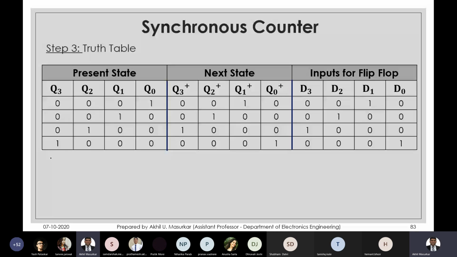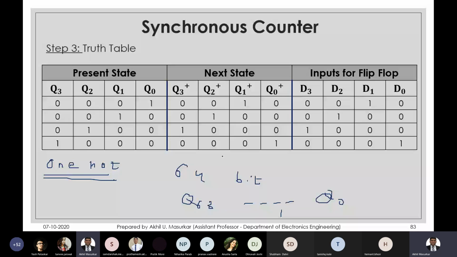That means if it's like 64 bits Q63 to Q0, if only one of the bits from 0 to 63 is 1, then that is called as a one hot sequence. So you can see Q3, Q2, Q1, Q0, Q0 is 1 first, then in the second case Q1 is 1, then Q2 is 1, and then Q3 is 1.